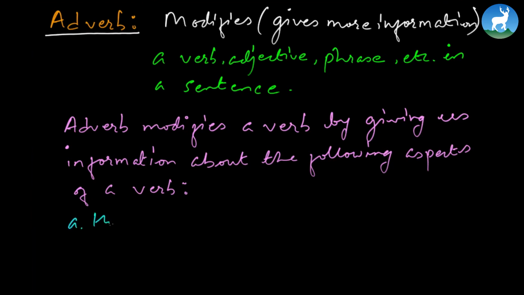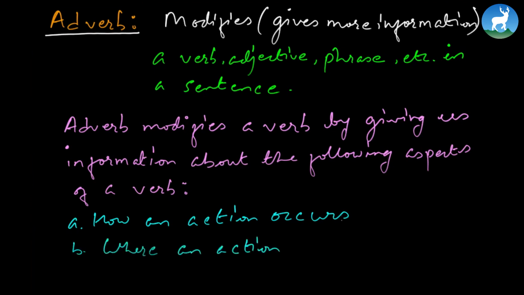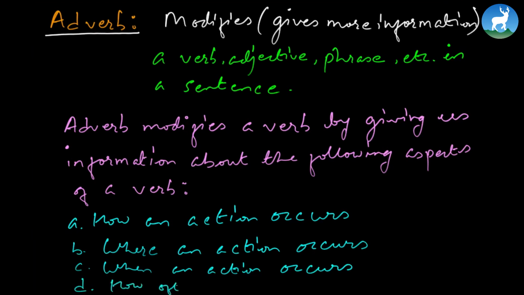Like for instance, how an action occurs. So adverb defines how an action occurs, where an action occurs, when an action occurs, and finally, how often an action occurs.